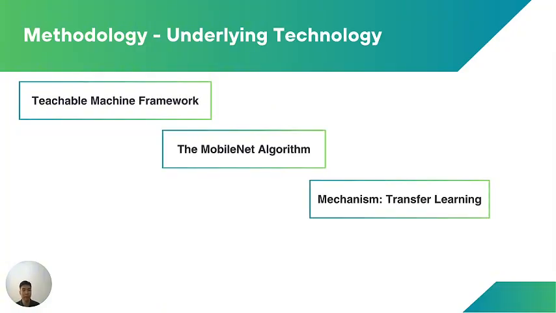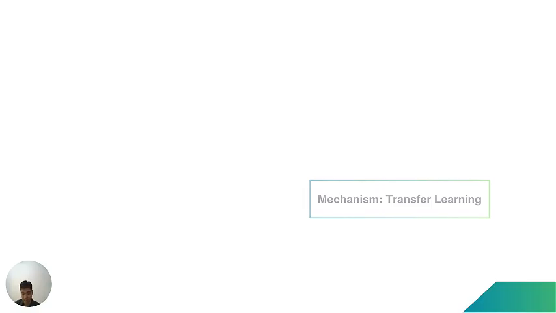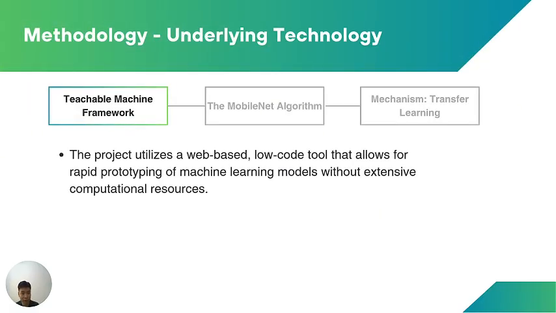All right, so for the methodology, underlying technology: Teachable Machine framework, the MobileNet algorithm, and the last one, mechanism, transfer learning. So for the first one, Teachable Machine framework, the project utilized a web-based low-code tool that allows for rapid prototyping of machine learning models without extensive computational resources.